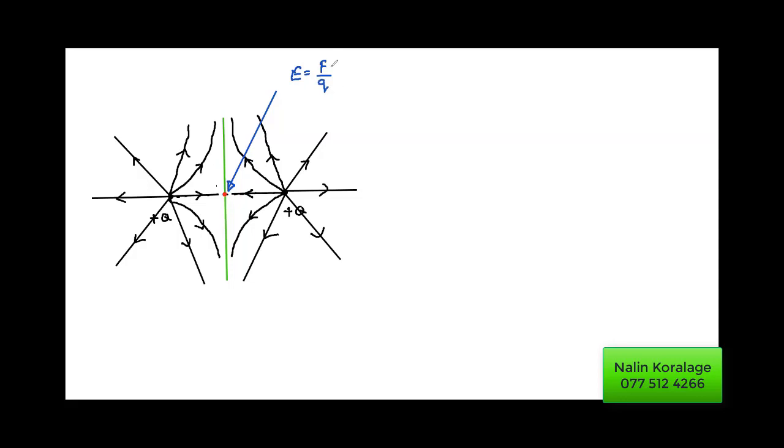Now what we said, the net force acting on that testing positive charge is equal to 0. Why? Because both the source charges are exerting equal and opposite forces on it. So the net force experienced by that testing positive charge is going to be equal to 0.